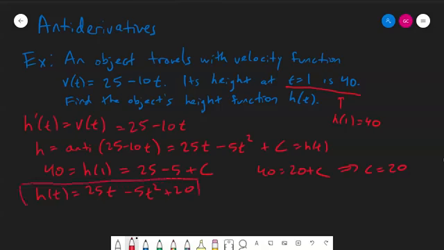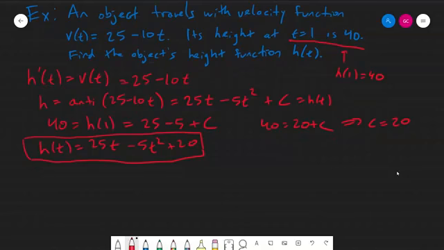And actually, let me go ahead and just check that, because a problem like this is easy enough to check. So I have to check two things. I want to check, first of all, is the height at 1 actually 40? Just to make sure that I understand what I did here. So I go and I plug 1 into my function. And yes, I do in fact get 40.